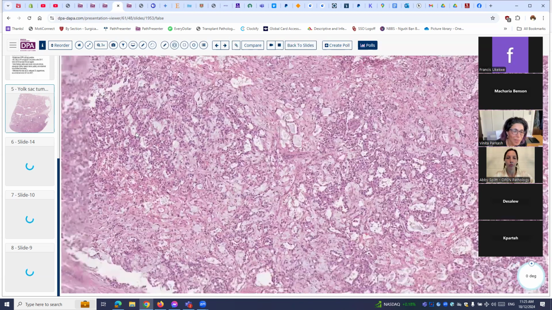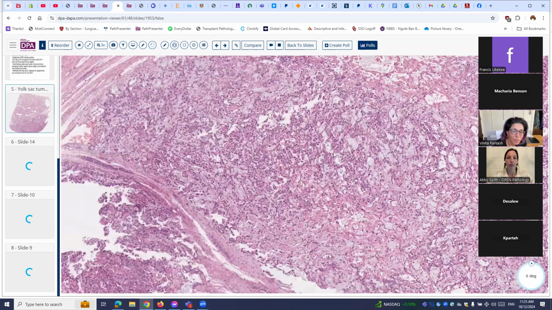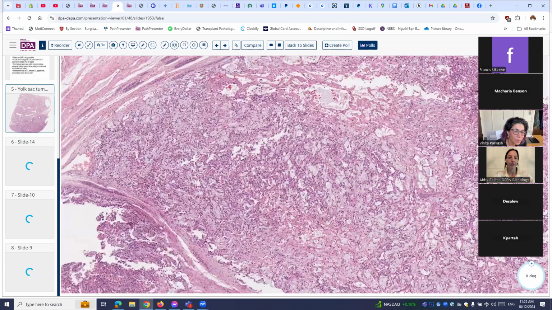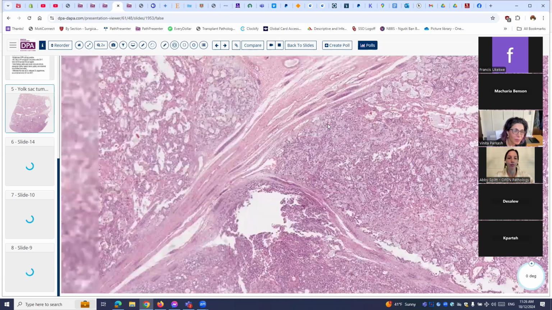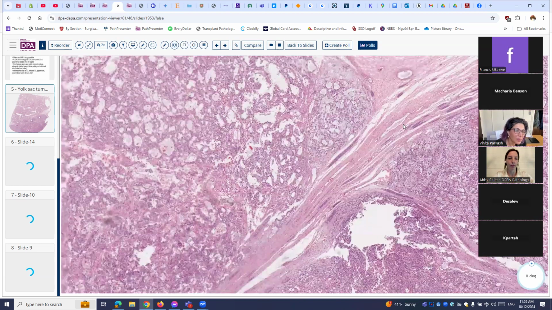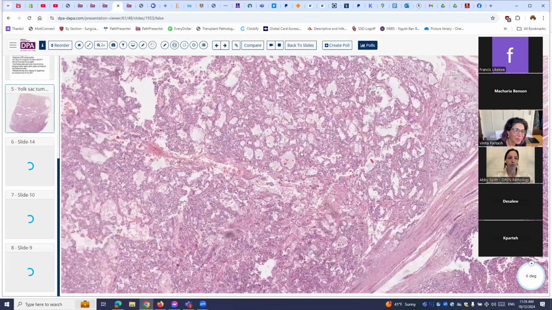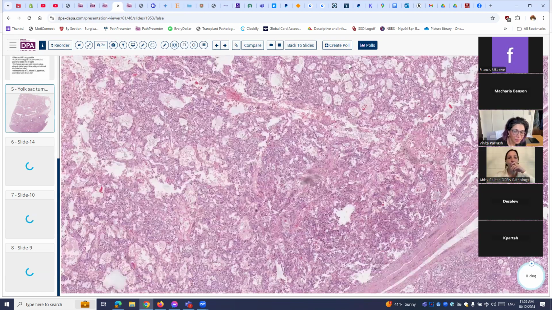Now, architecturally, there are several different patterns that yolk sac tumors can have. Those include names like the polyvesicular vitelline pattern, the hepatoid pattern, and then this more sieve-like, lace-like pattern. Do those patterns have any significance? Should you report the pattern?